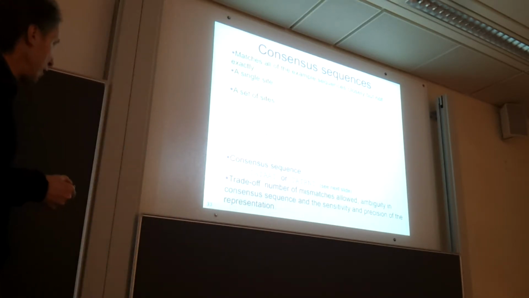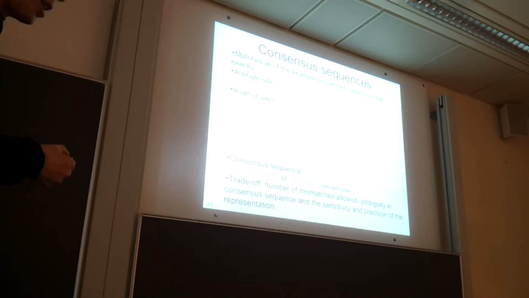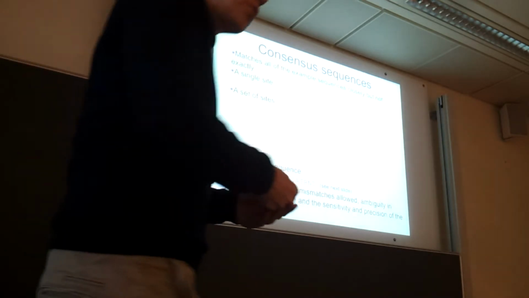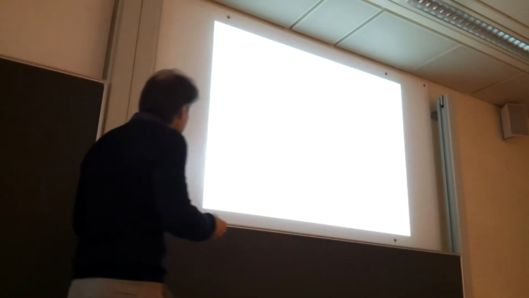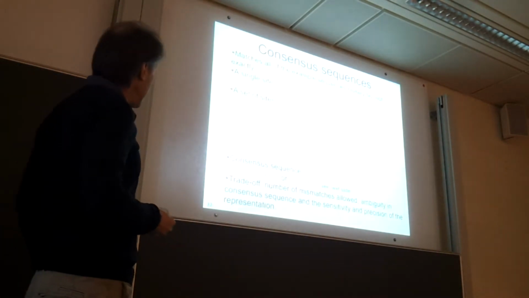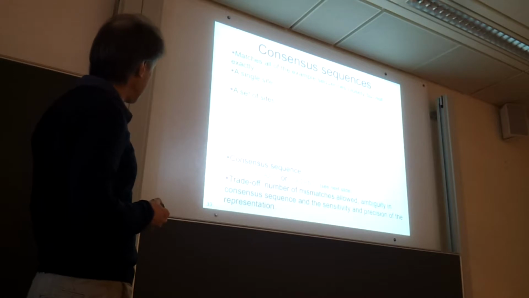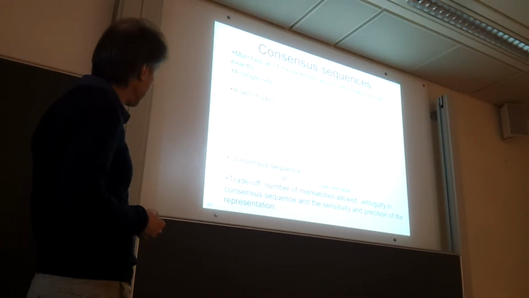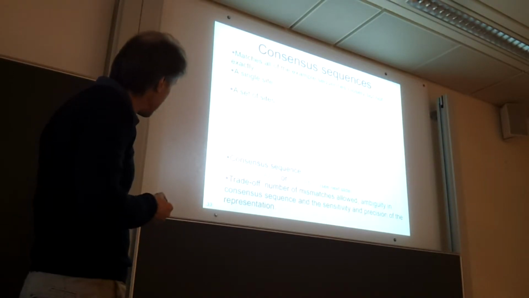You might have a set of sequences that are related, doing the same thing. Maybe a single transcription factor might bind to all these variations. And then what you try to do, the same as before, an easy way to represent such a group is by a consensus sequence. And then you might say, okay, the best consensus here might be this sequence representing all of these.